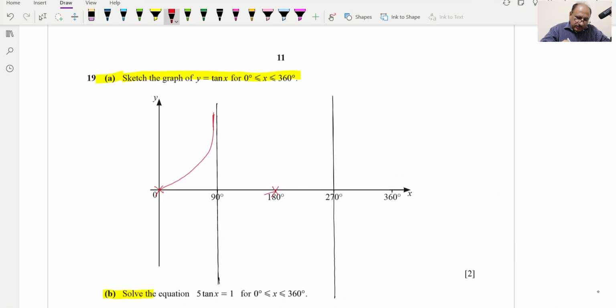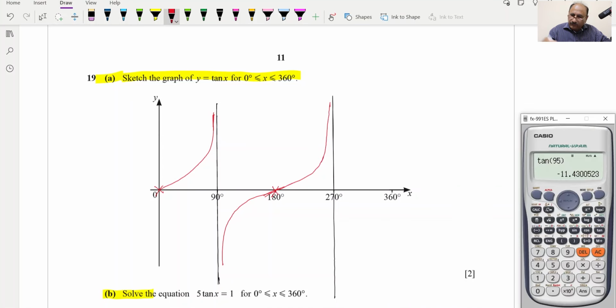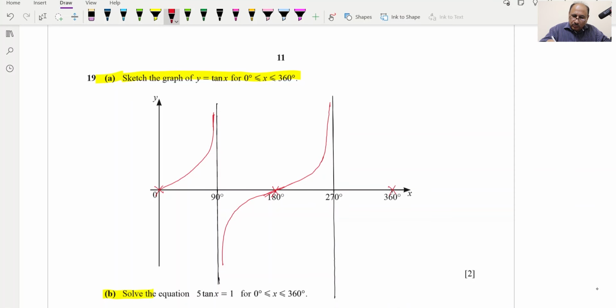So it is passing through this one and turning like this, to the negative side. And similarly, it is bending like this to this side. Hopefully you are understanding this is the tan curve. And similarly, if we check for 360, it is also 0, so it's passing through this one.